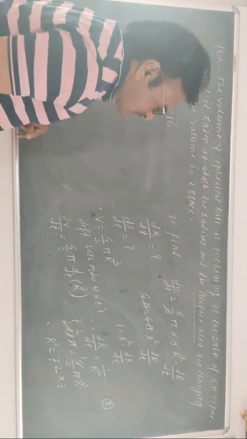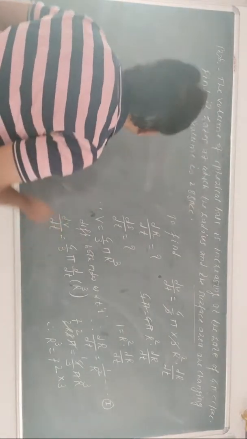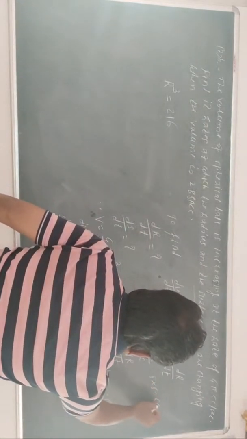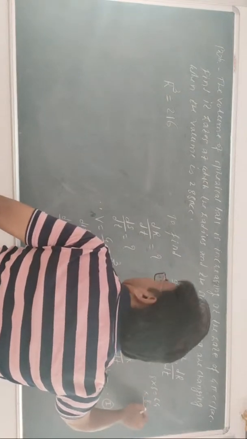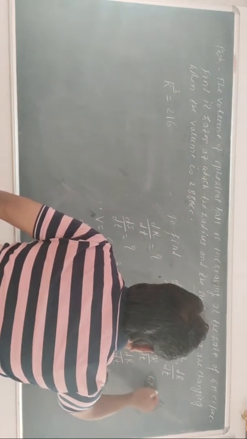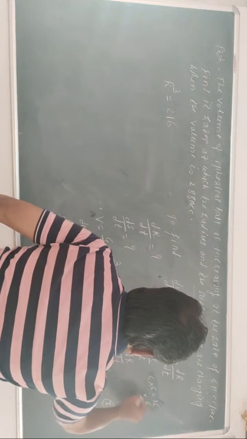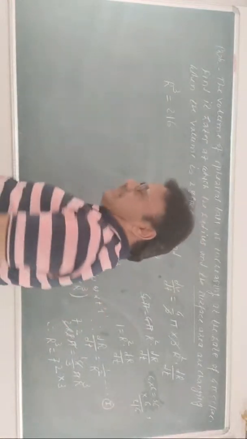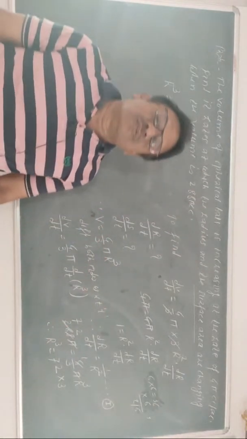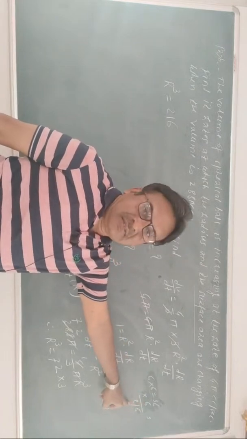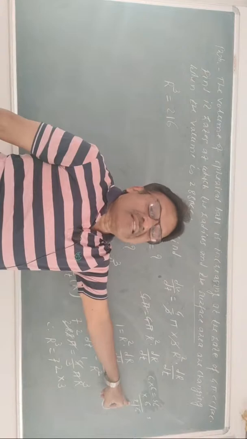So 216 can be written as 6 into 6 into 6. 216 can be written as 6 cube because 6 into 6 is 36 and 36 multiplied by 6 gives 216.